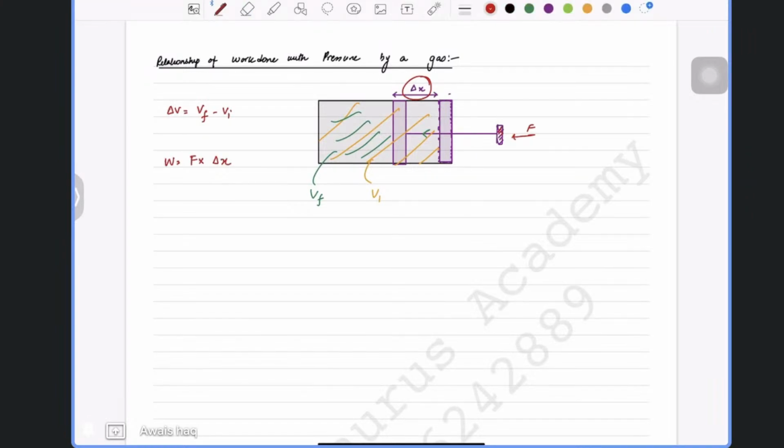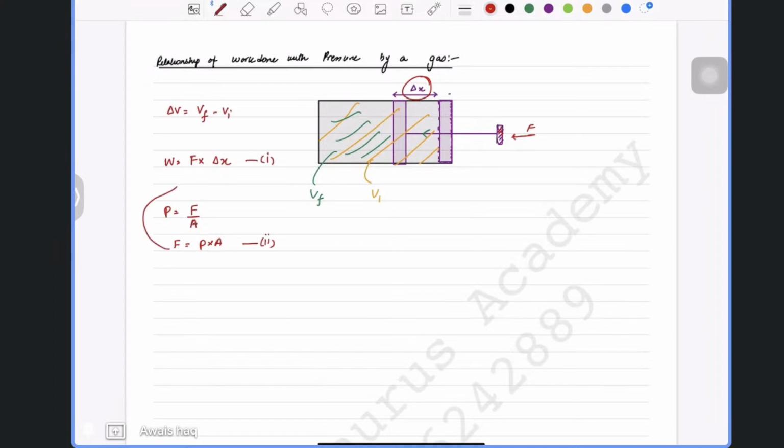Obviously, pressure is given by force over area. So I'm going to replace force with pressure times area. This is my first equation and this is my second equation.